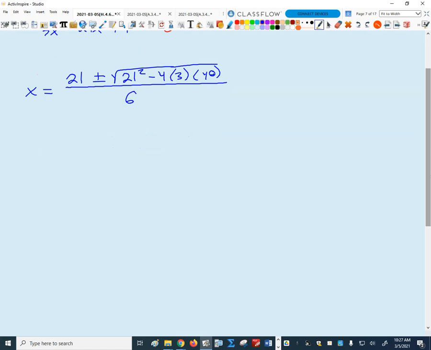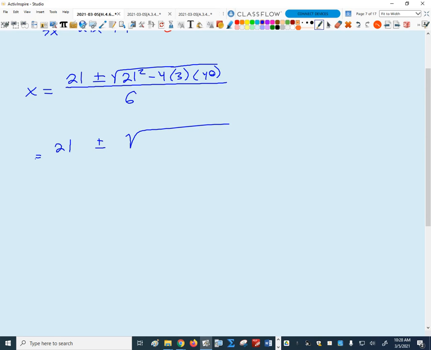Okay, so what's that going to give me then? I'm going to get 21 plus or minus the square root of 21 squared. What's that going to be? I'm going to get 20 times 21 is going to be 420 plus.